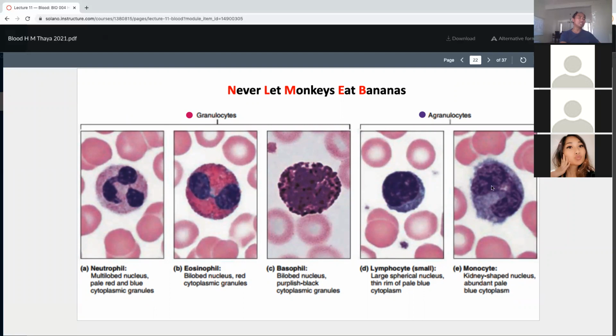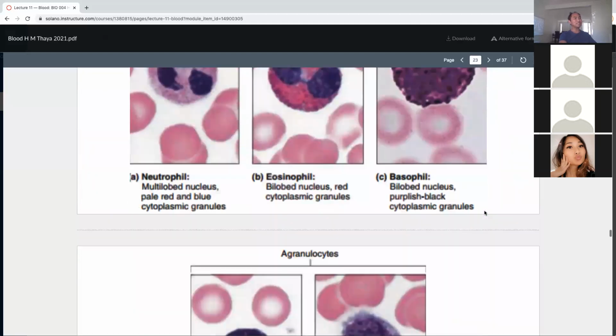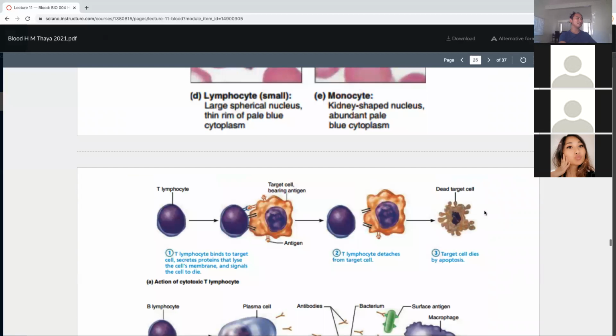And the monocyte, the nucleus is kidney bean shaped, and its cytoplasm is blue-purple. So that is the difference between granulocyte and agranulocyte. Granulocyte cytoplasm is pink, agranulocyte cytoplasm is blue. So that is easy for you guys.